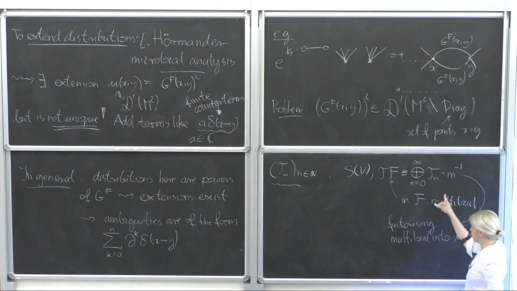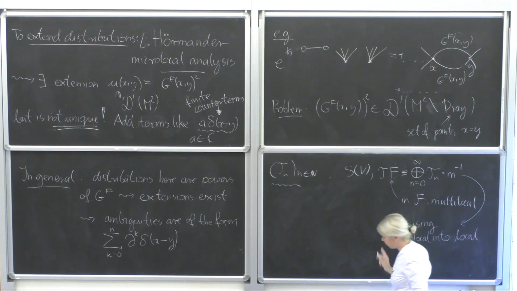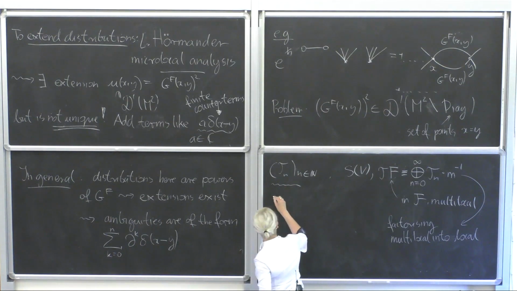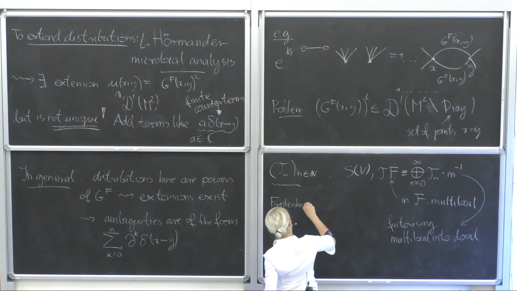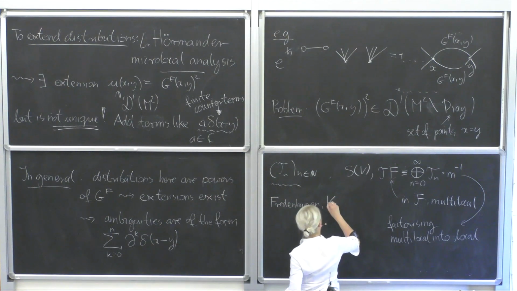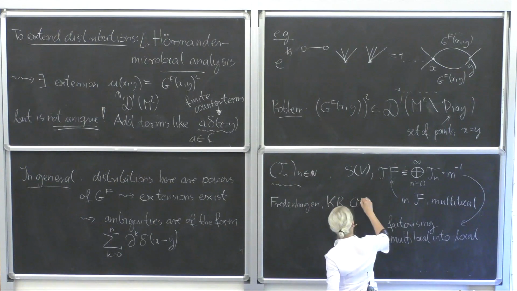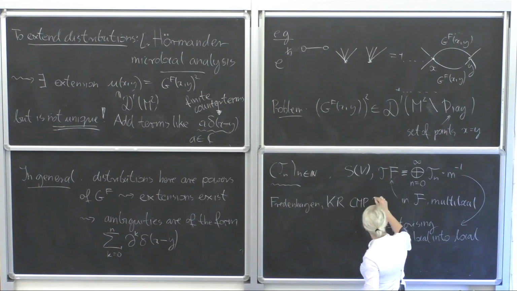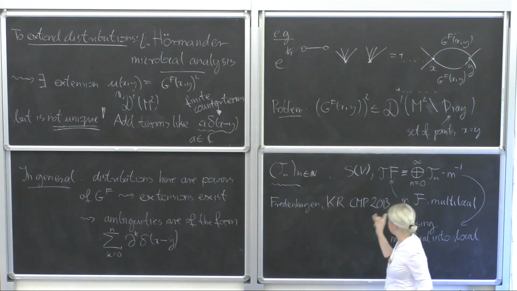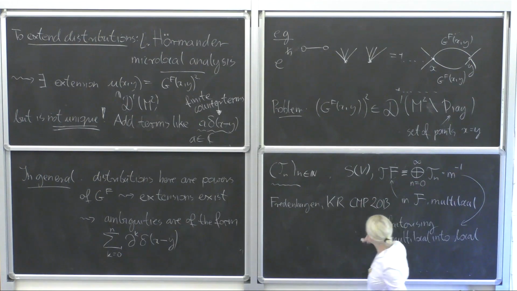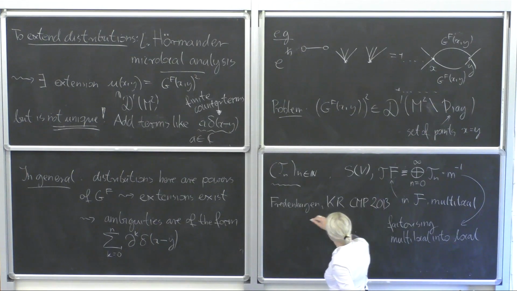And if you want to look for the reference, there is my paper with Rejzner and Fredenhagen, and if I'm not wrong, I think it was CMP, Communications in Mathematical Physics. I think it finally appeared in 2013. So this is the reference for that construction.